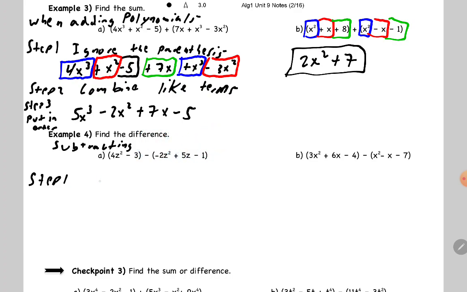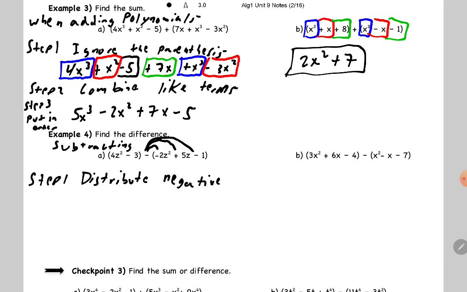So step 1, we're going to distribute the negative. So this negative goes to that, negative goes to here, and then it goes to here.